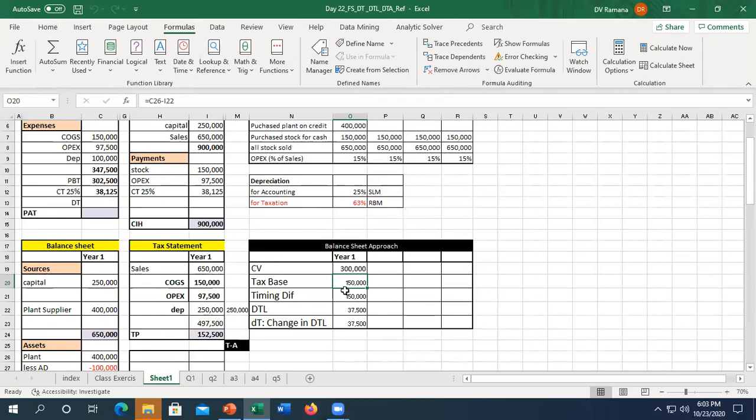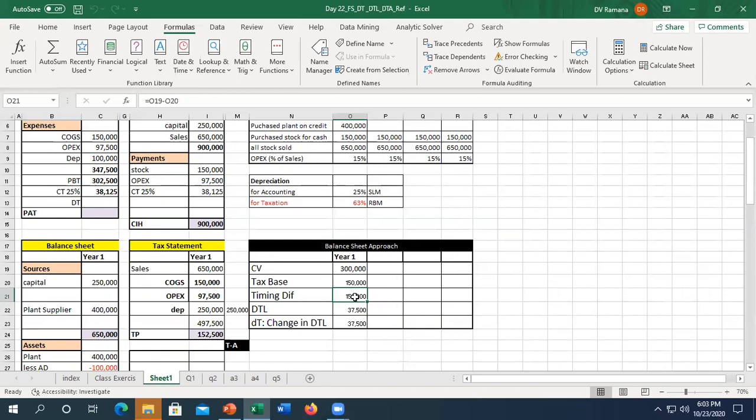So the carrying cost is greater than the tax base, and we call that the timing difference, because depreciation at a point in time may be different, but depreciation over a period of time will be the same in both cases, because total depreciation is equal to the cost of the asset, which is 400,000. This will also become clear as we move along up to the fourth year.